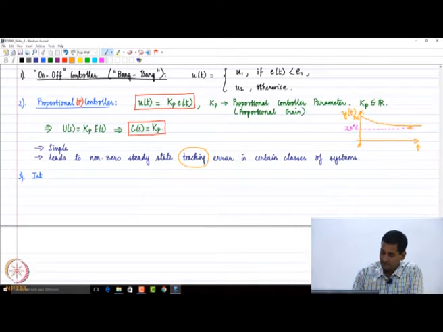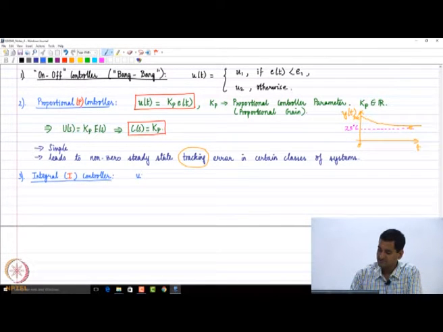Okay, then let's go to integral control. Integral control is abbreviated by I. So that's the abbreviation used for integral control. So what is this integral control?